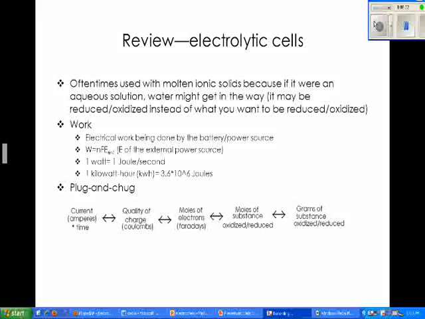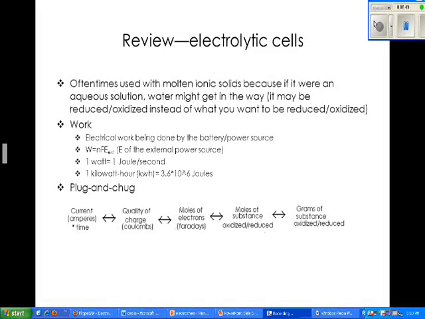Oftentimes electrolytic cells are used with molten ionic solids because the water would get in the way if it was an aqueous solution. The water may be reduced or oxidized instead of what you actually want to be reduced or oxidized.